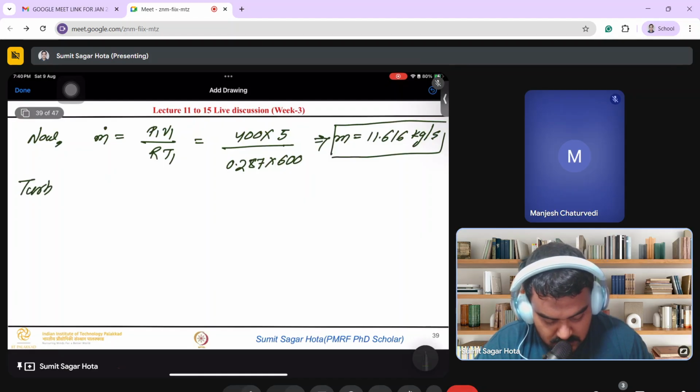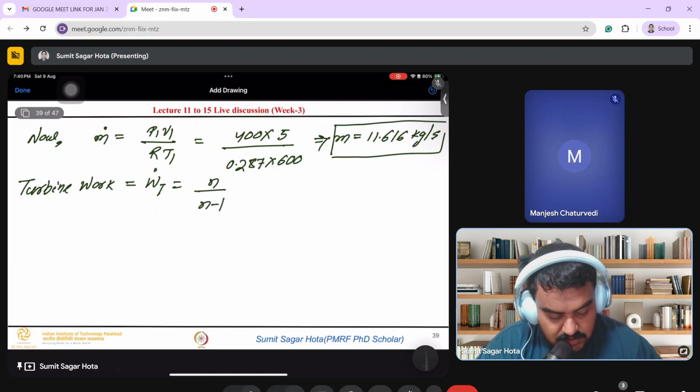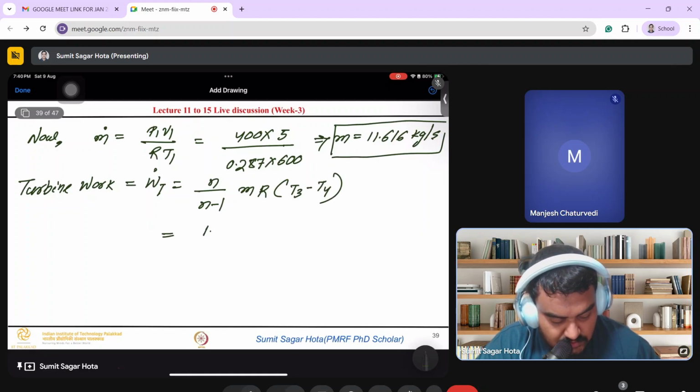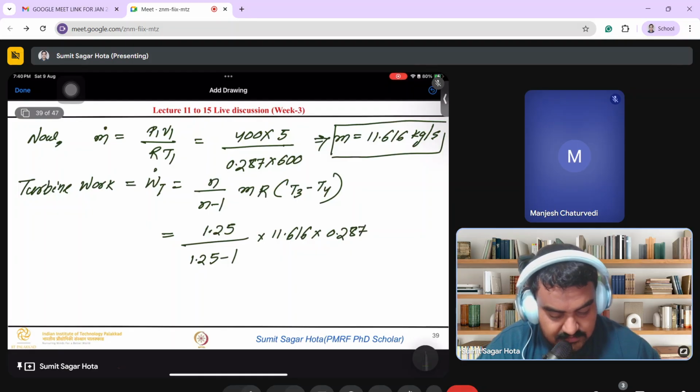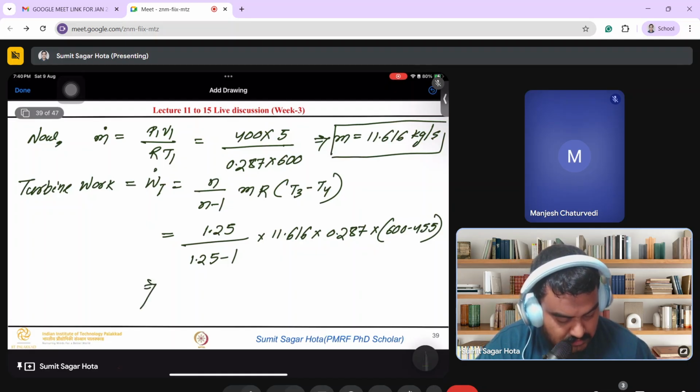W T is n by n minus 1 into m R into T3 minus T4, which is 1.25 divided by 1.25 minus 1, into 11.616 into 0.287 into 600 minus 455. So WT we have 2417 kilowatt.